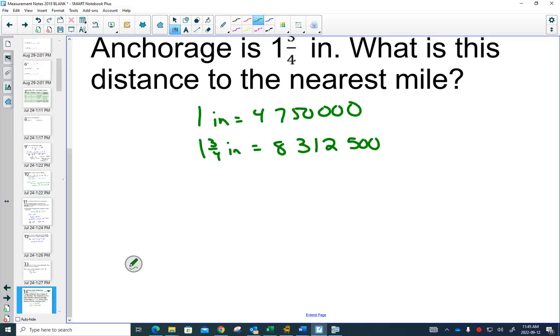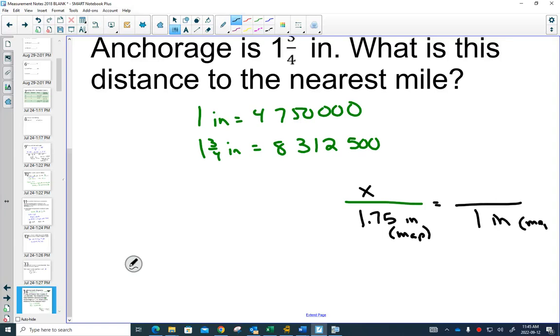Well, then set up your fraction. Your fraction says, I want to find out x, and it needs to be equal to 1.75 inches. What was I given? I was given that 1 inch on the map, maybe I'll put map in brackets here because I would have to put map in brackets there, and in reality, it was 4,750,000.